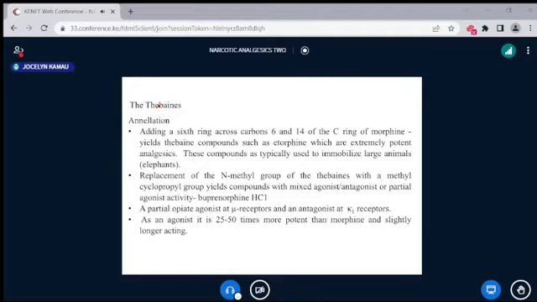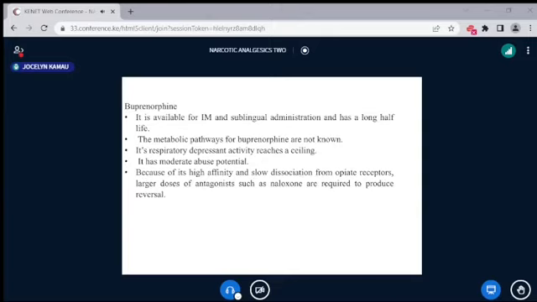As an agonist, it is 25 to 50 times more potent than morphine, although it is a partial agonist at that. It still does not excite the receptors to the full. It is slightly longer acting.